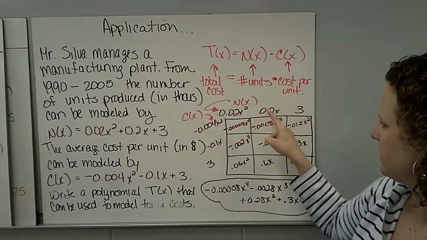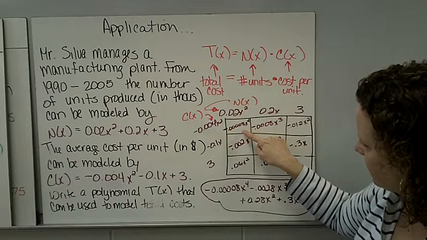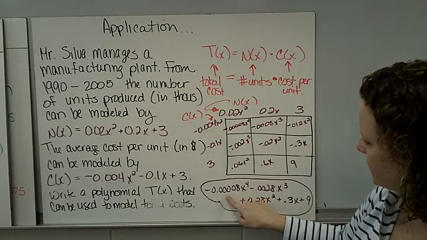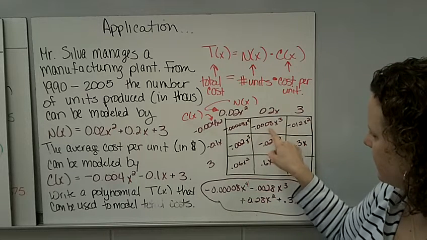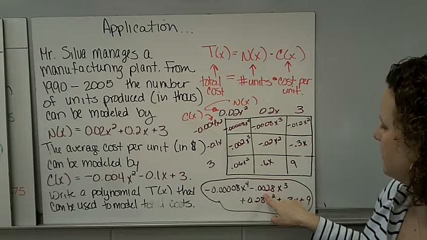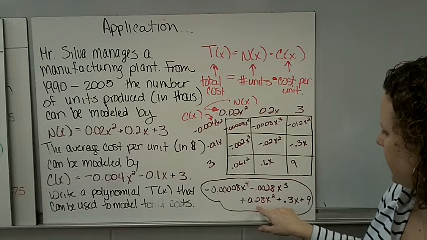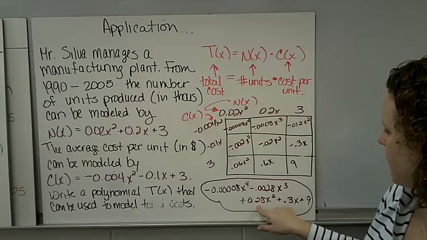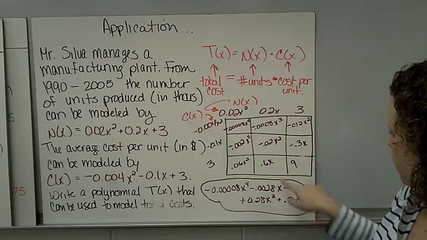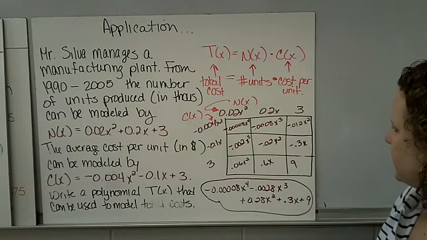Using your table, you're going to multiply where the row meets the column, and then collect all your like terms. 0.0008x to the 4th. Add these two together, I get 0.0028 negative. Add all of these together, I get 0.28x squared. Add these two together, 0.3x, and then 9 is your constant.